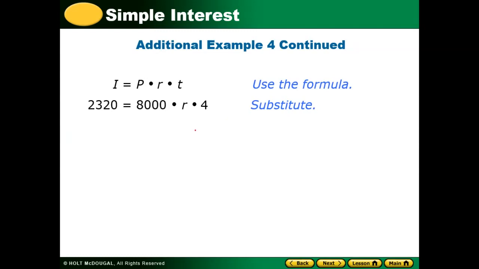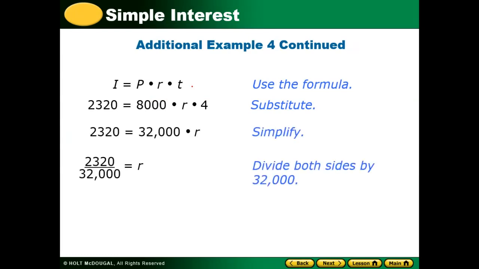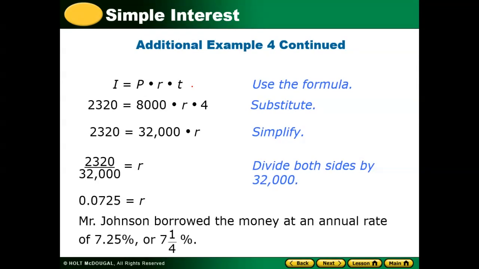Again, in these slides, I'm not actually isolating R like I did in that previous slide for the formula, but you can do it that way as well. I'm just plugging in my interest that I calculated. So 8,000 times 4 is going to give me 32,000. Divide both sides by 32,000. And you're going to end up with 0.0725. That's our rate as a decimal.